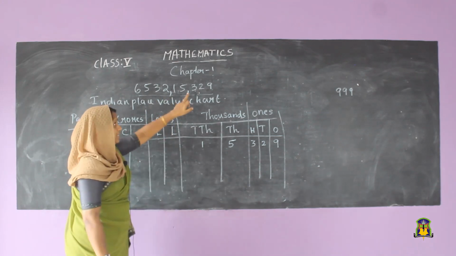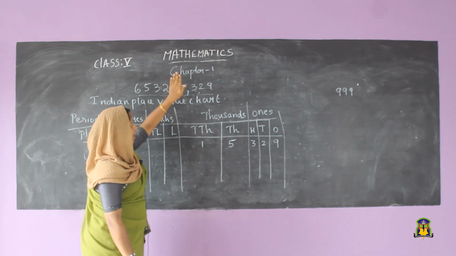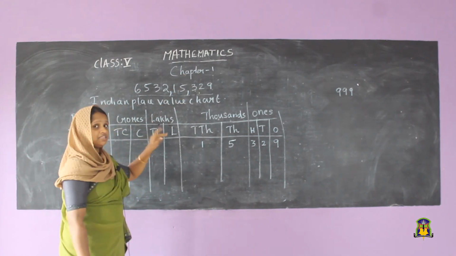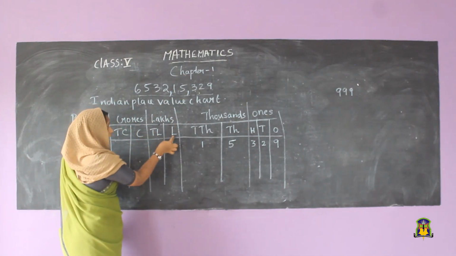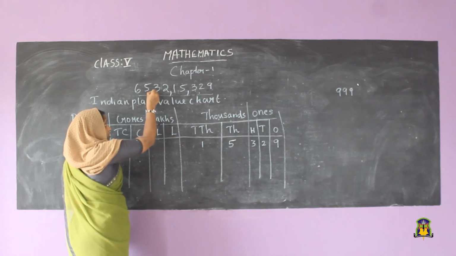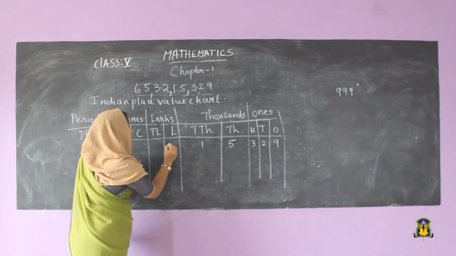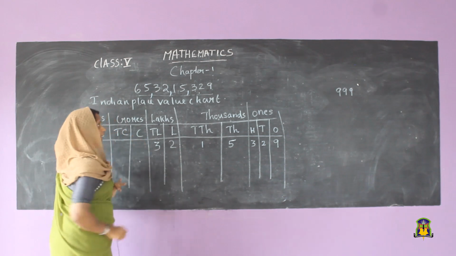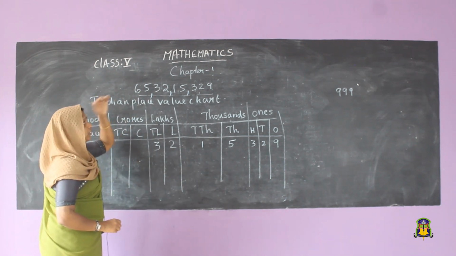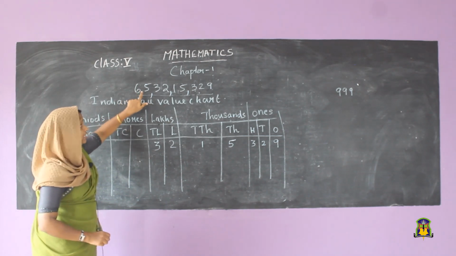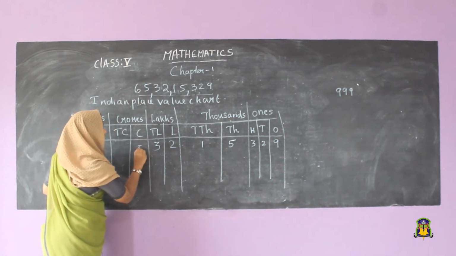So this is the ones period and this is the thousands period, and next it comes lakhs. Again lakh and 10 lakh. So after 2 digits we put 1 comma. That means here it comes 2 and this one 3. Next it comes under crores. So 5 and 6.